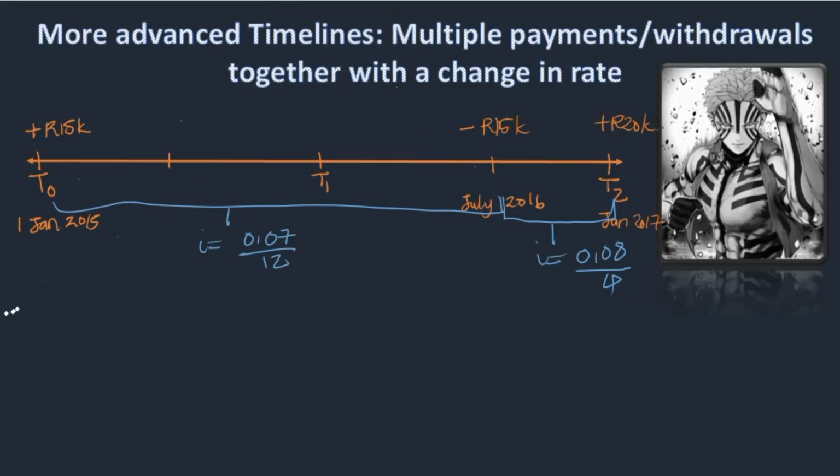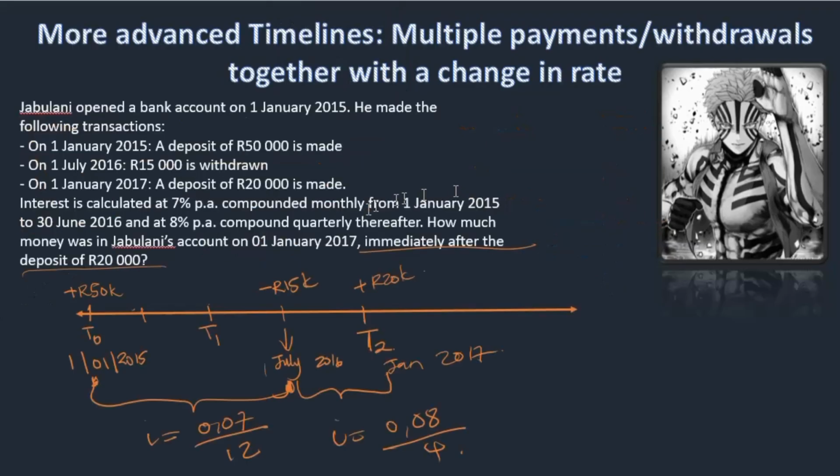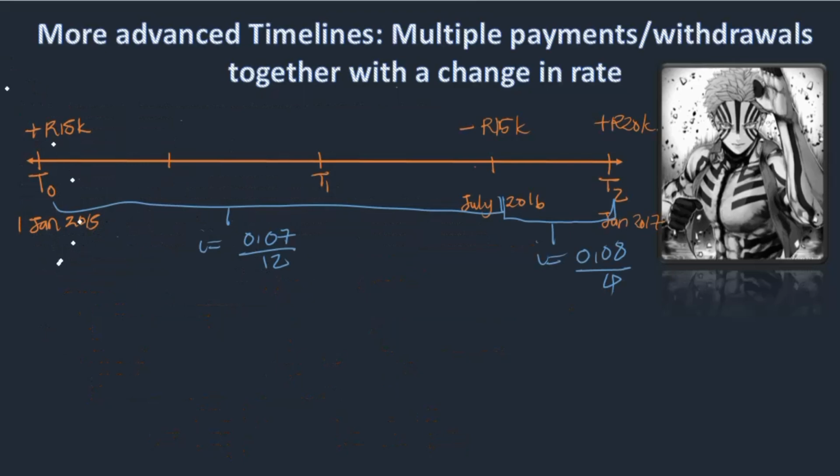With my white pen, of course we are using compound interest because all the words they used is compound throughout. My formula says A equals P(1 + i)^n. My accumulated amount number one will be the amount of money I have here. Start with the principal amount, which is 15,000.